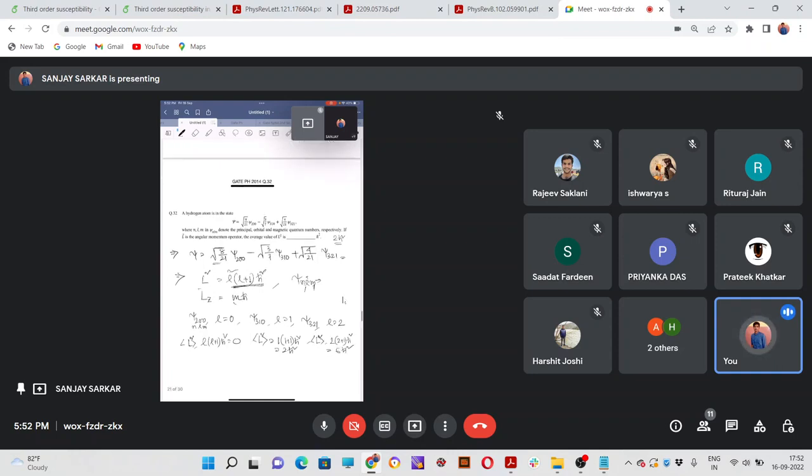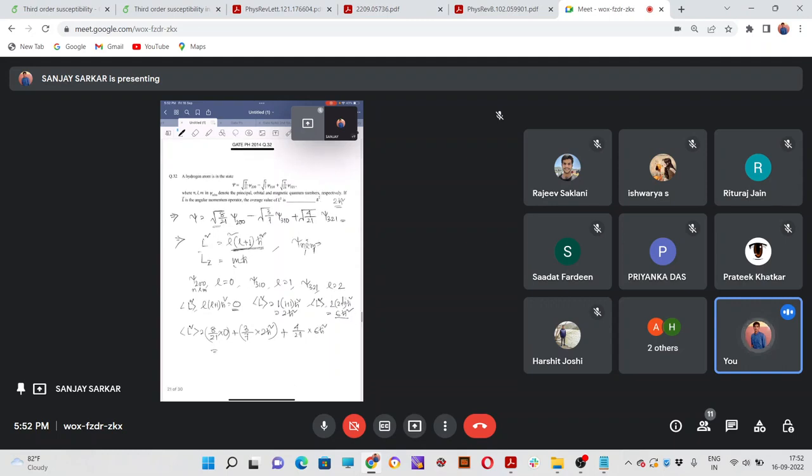The probability of 0 is 8 by 21, so the total average value of L square is 8 by 21 into 0 plus 3 by 7 into 2 h bar square. The probability of getting 6 h bar square is 4 by 21 into 6 h bar square.